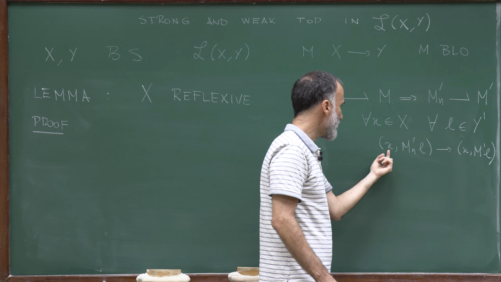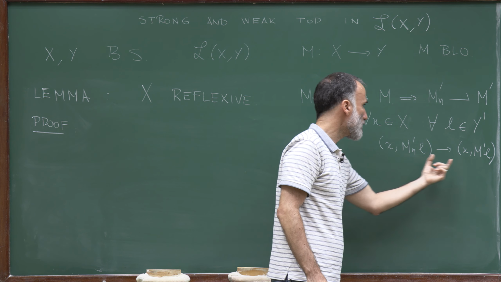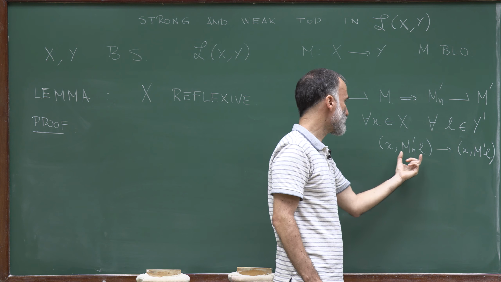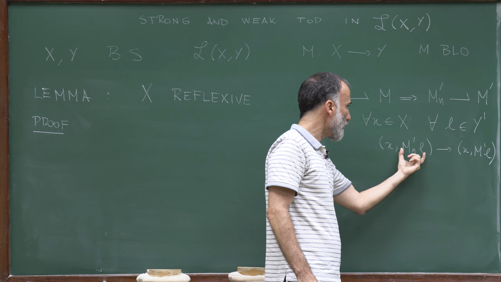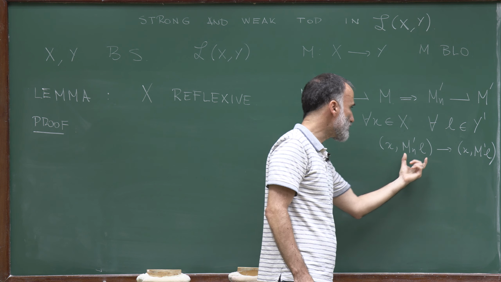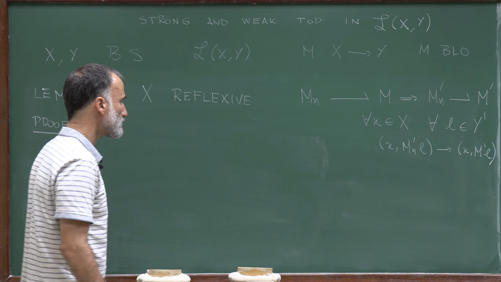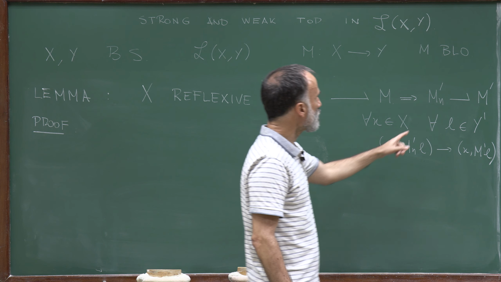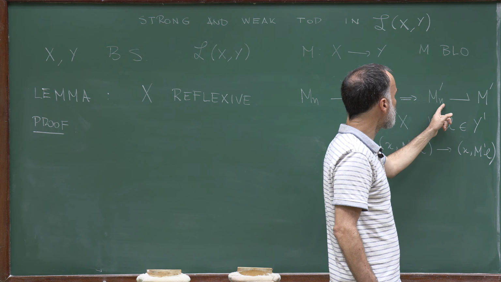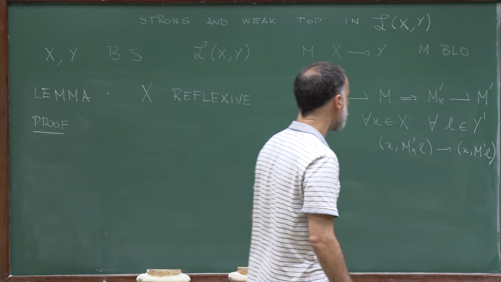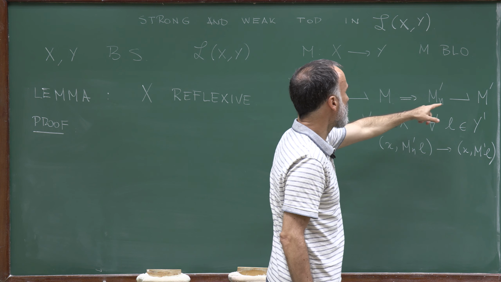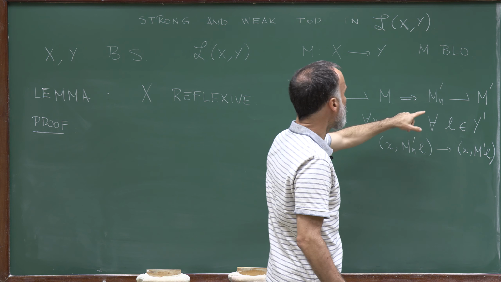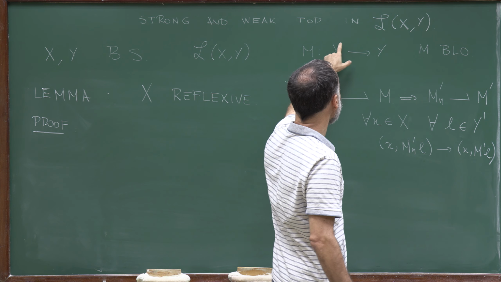Where here again, x is a point in X. These are elements of X prime, so this is the value at x of this bounded linear functional. Now let's see what we want to prove. We want to prove that Mn prime converges to M prime. So Mn prime and M prime are bounded linear operators from Y prime to X prime.